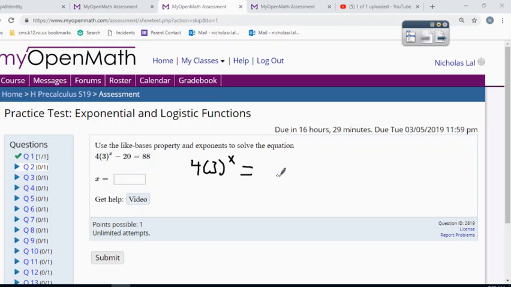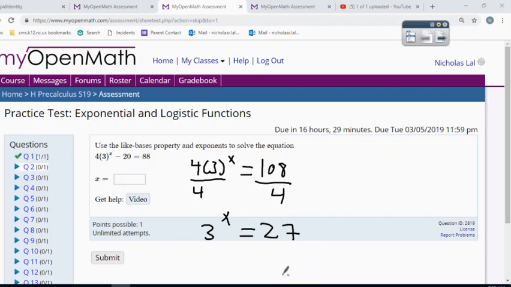That's going to be 108. I divide each side by 4. 108 divided by 4, that's going to be 27. So 3 to the x is equal to 27.